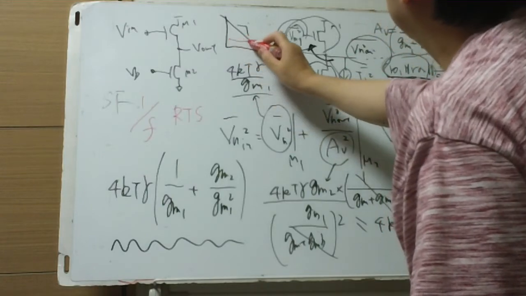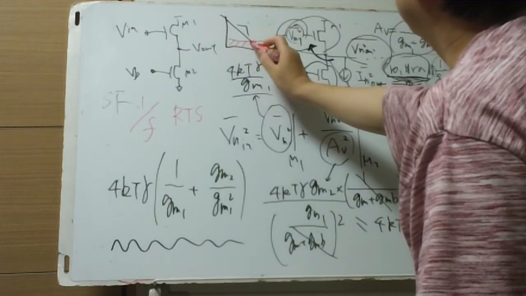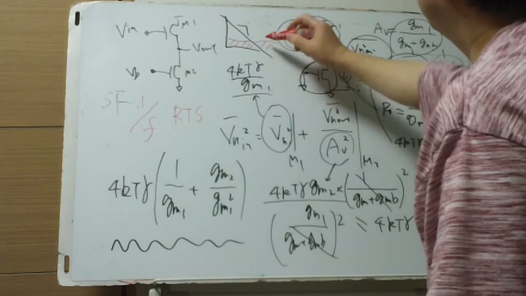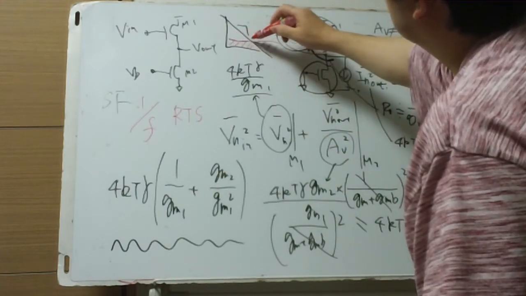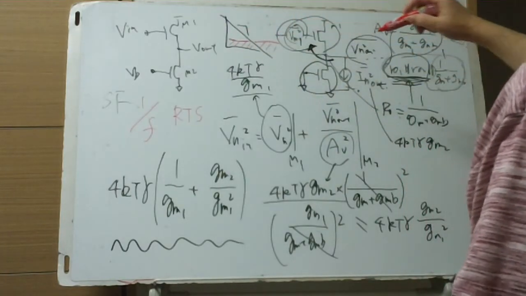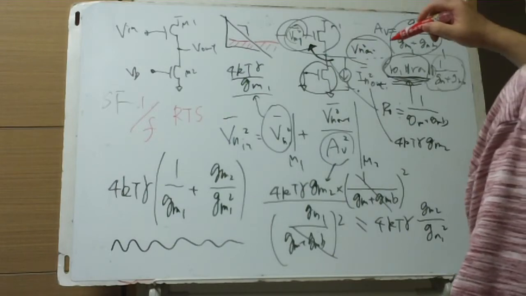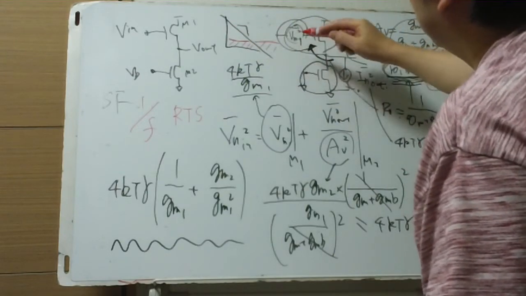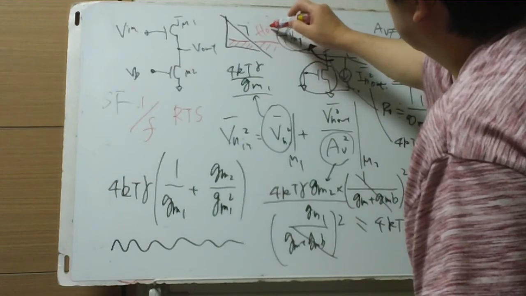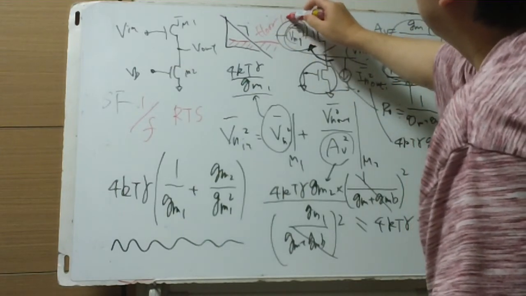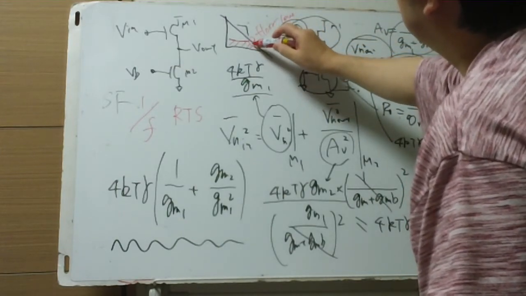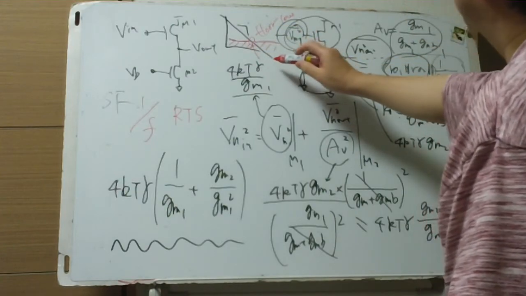We've been considering thermal noise, white noise, the flat noise floor level, and the boundary between 1/f noise and the white thermal noise of resistance or transistor channels is said to be the corner frequency.